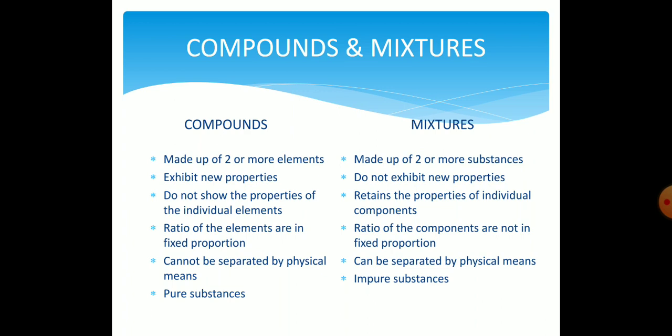Compounds do not show the properties of the individual elements, whereas mixtures retain the properties of the individual elements. And in compounds, the elements are in fixed proportion, whereas in mixtures, the components are not in a fixed proportion.